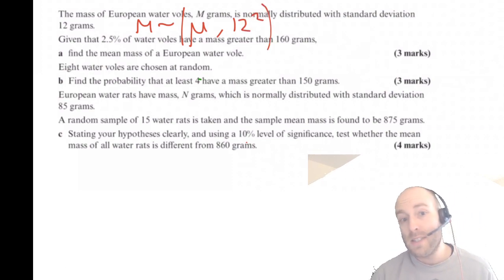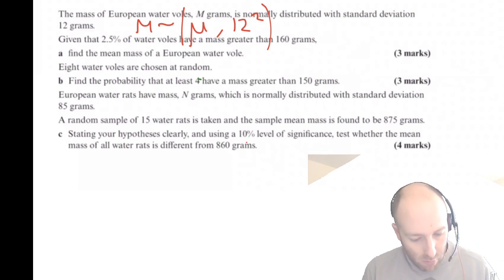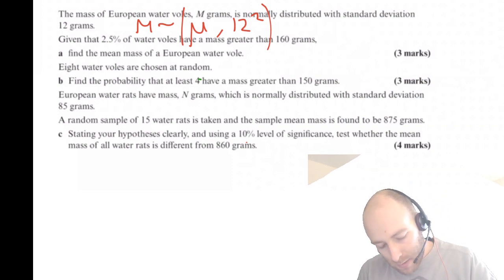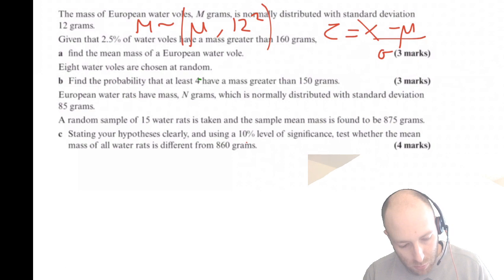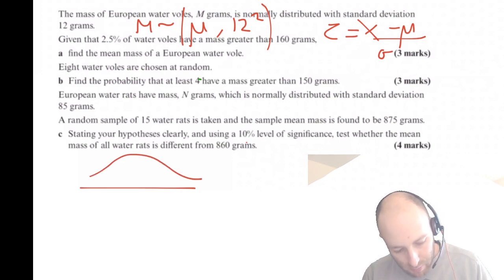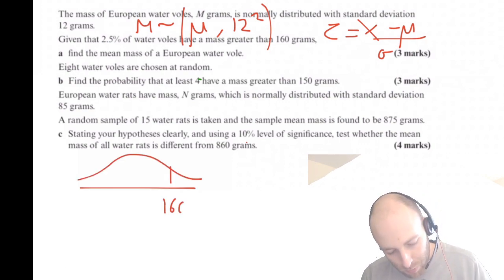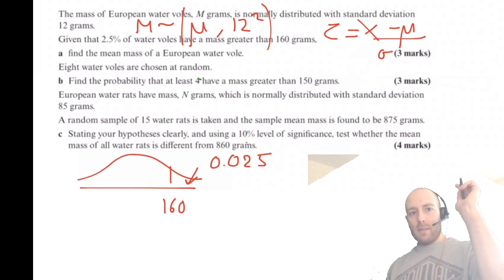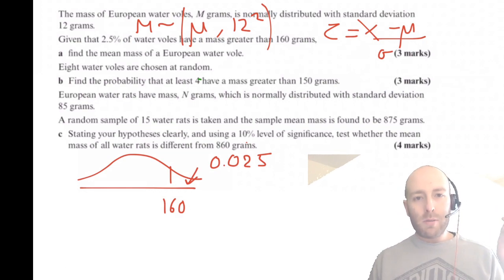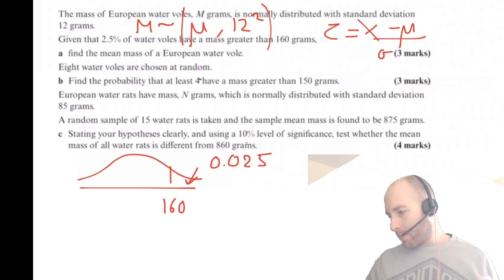So we need to use the z distribution to find mu. So z equals x minus mu over sigma. Okay, and we're told 2.5% have a mass greater than 160, so that's 0.025. So the idea is find z, and then we can code z back into x, to find mu.